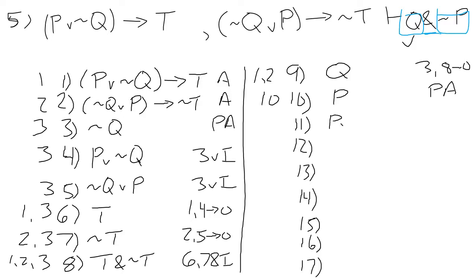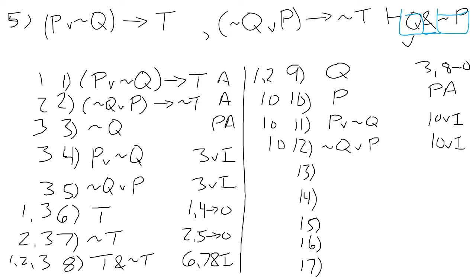We can build both of our antecedents using the P that we've got here. So we'll wedge in tilde Q on both sides. So that's going to be 10 wedge in, 10 wedge in.